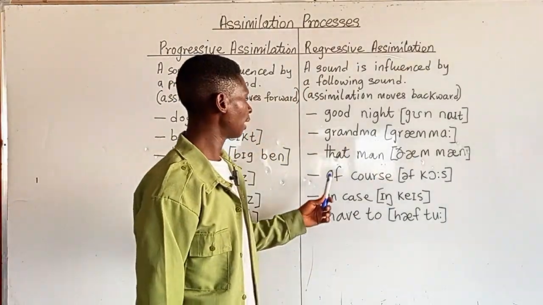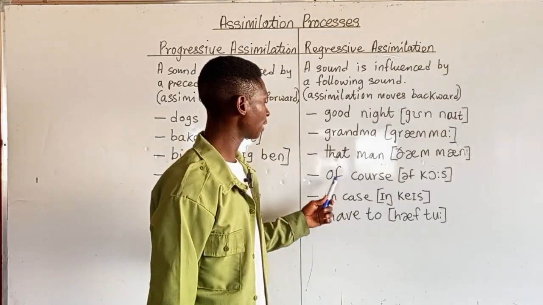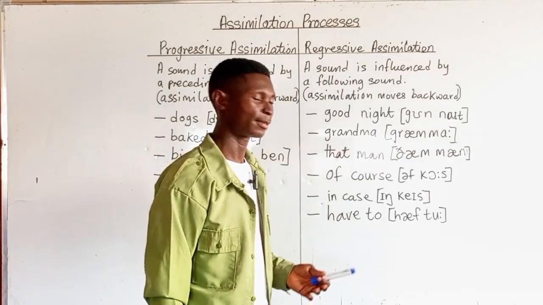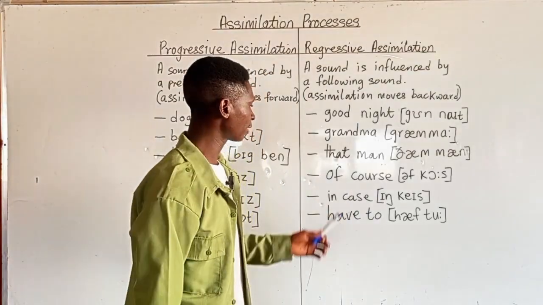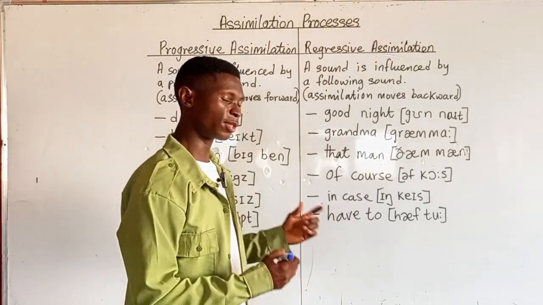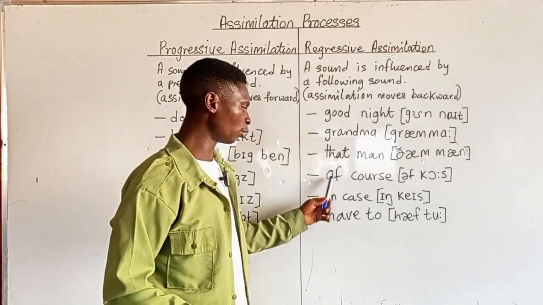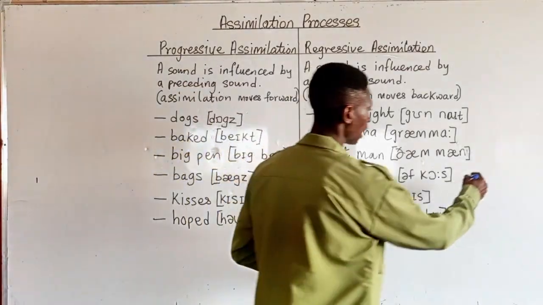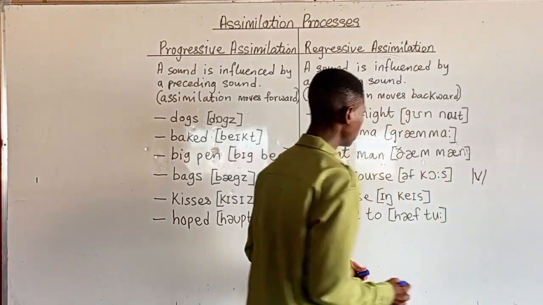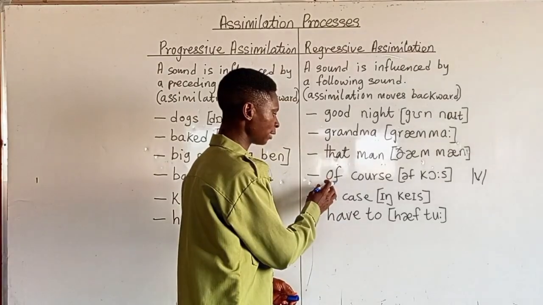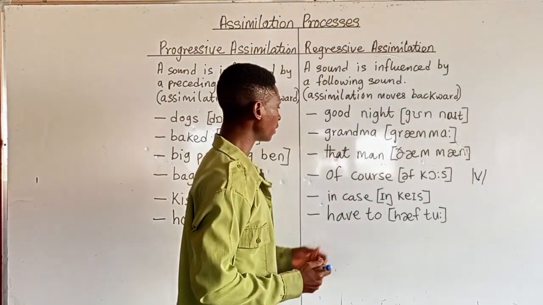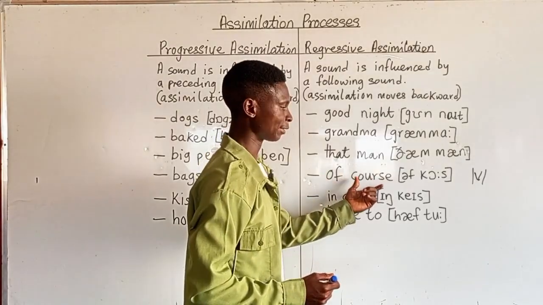We have also of course. When you say of course, if you want to follow the words independently in normal transcription, this of carries the v sound. This is the sound we have in place of f. So it is supposed to be of course.